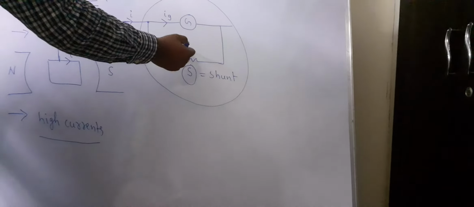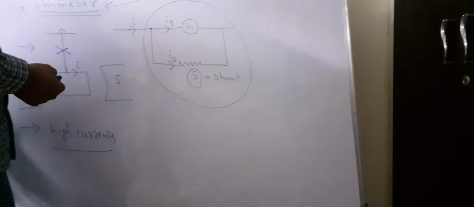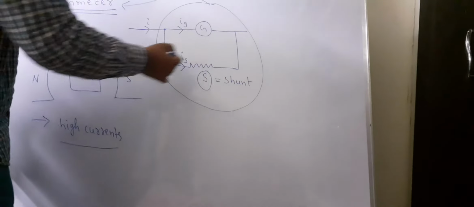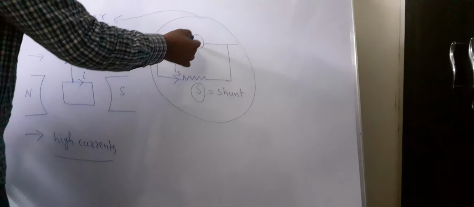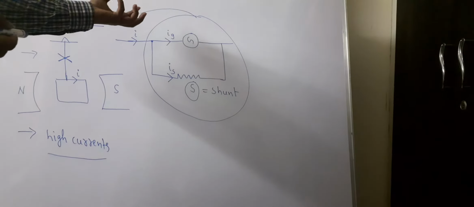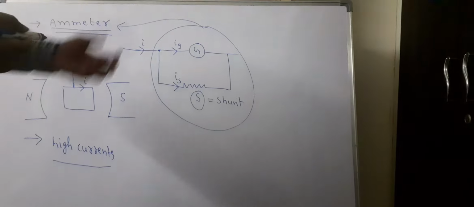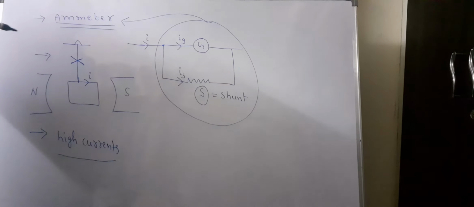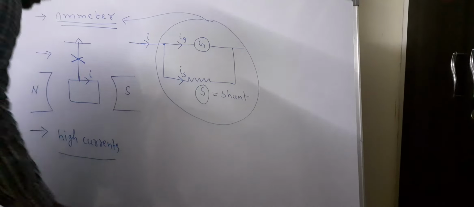Here it is a low resistance, meaning low opposition. That's why heavy current passes through the shunt and low current passes through the galvanometer. So the galvanometer is now protected from high currents. This total arrangement is called an ammeter.